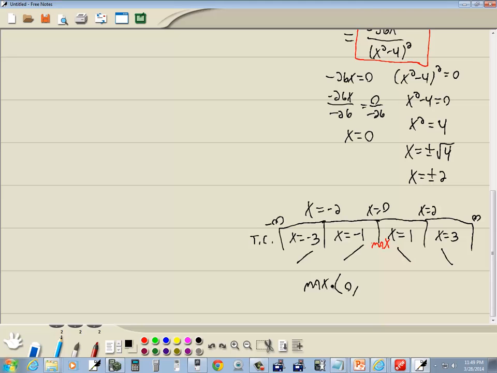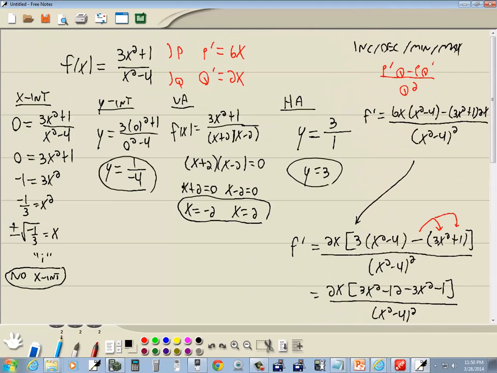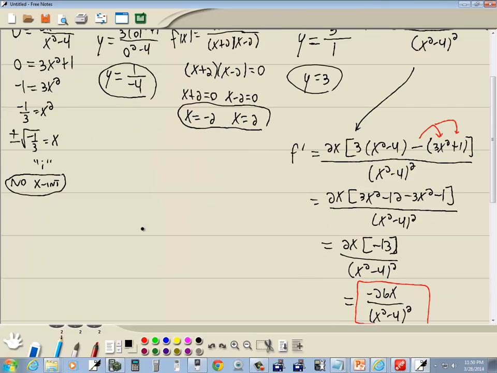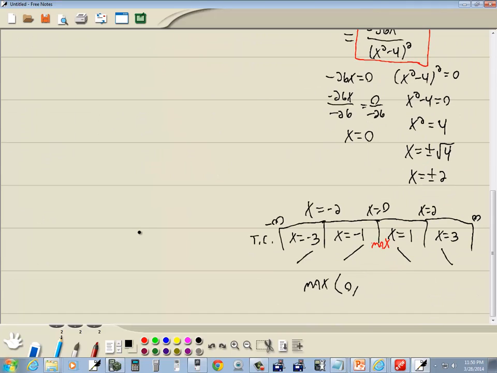Now we want to plug that back into our original function, and I probably don't need to use a table for this on the calculator. If I put 0 in for x in my original function, I got 3 times 0 squared plus 1 over 0 squared minus 4. Well, these x squareds would drop away and we'd have 1 over negative 4, or negative 1/4. So our max is 0, negative 1/4.